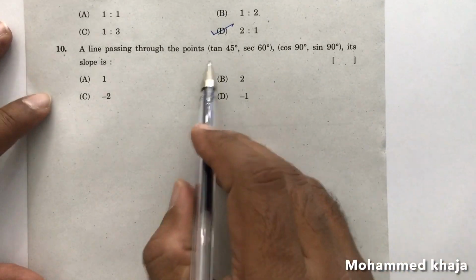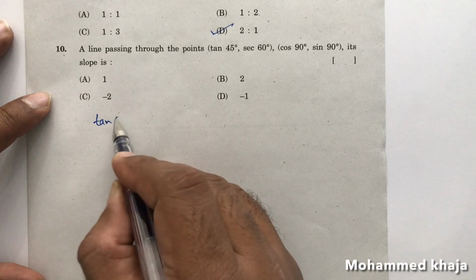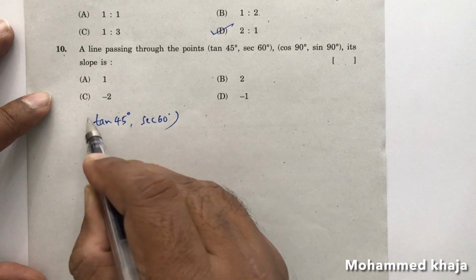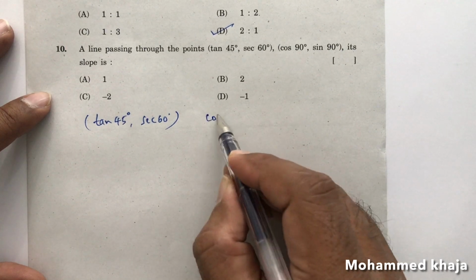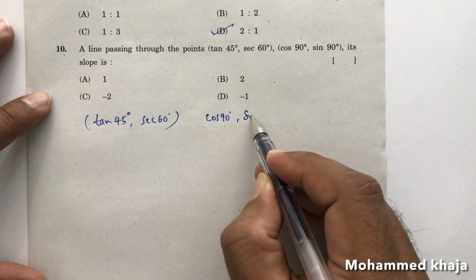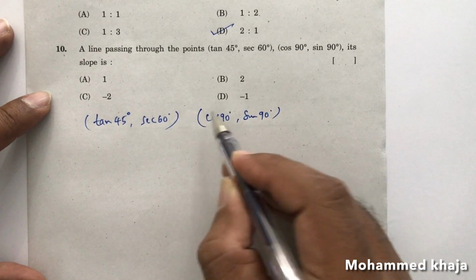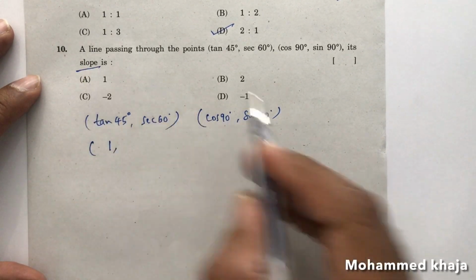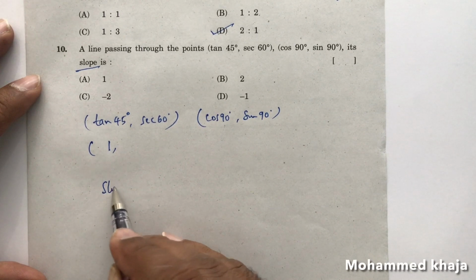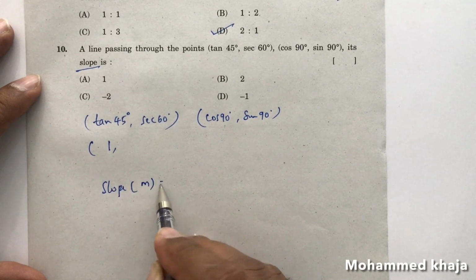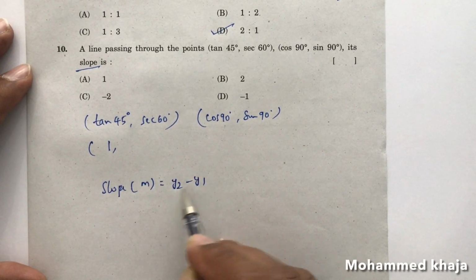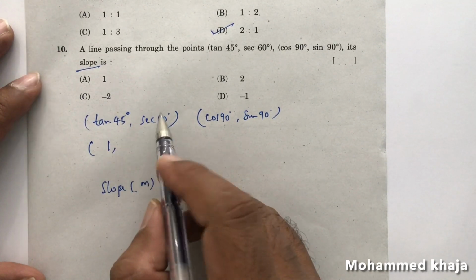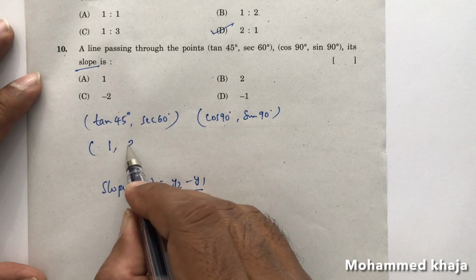Next, a line passing through tan 45, sec 60, cos 90, sin 90. See, tan 45 value is 1, because they are asking slope. So here the slope formula is y2 minus y1 by x2 minus x1. So tan 45 is 1 and sec 60 is 2.